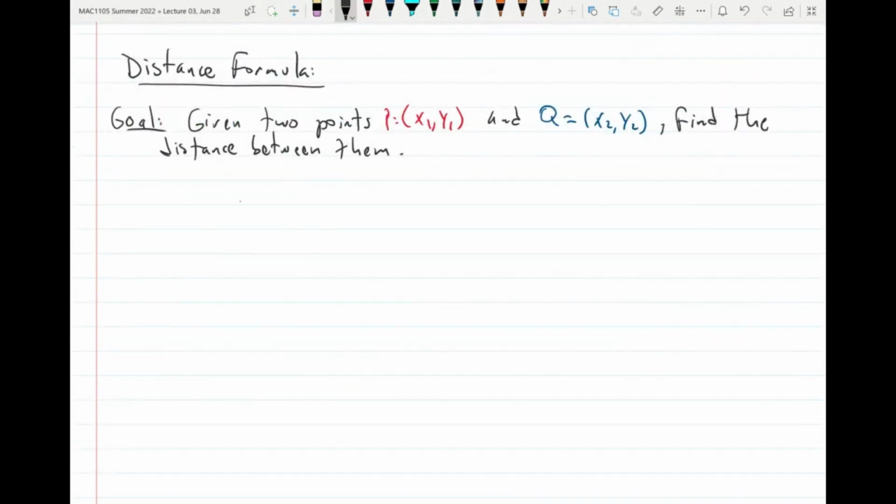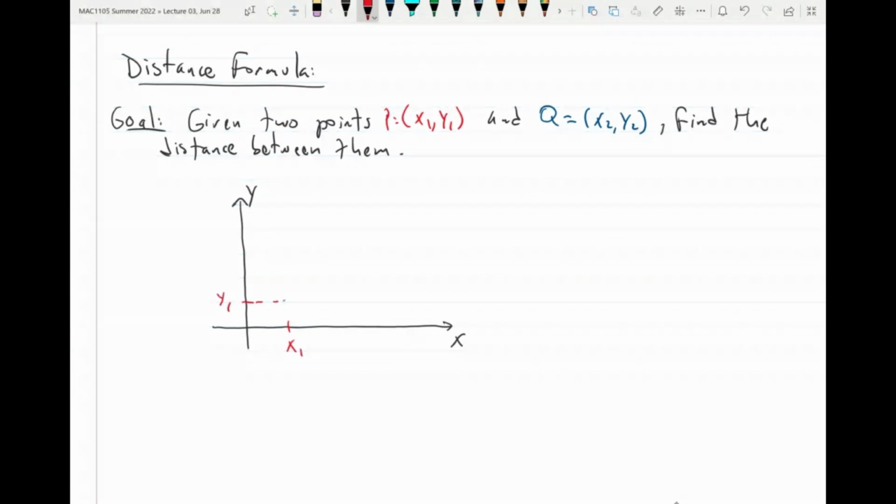So let's see. Once again, let's do a picture. I imagine that most of you already know this, but I want to make sure that you understand why this is true. That's the whole point. So let's say x2, y2 are over here.